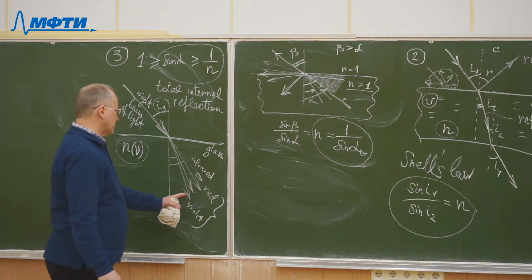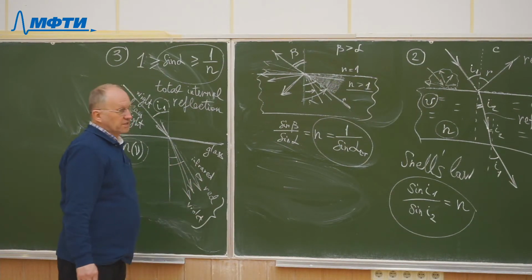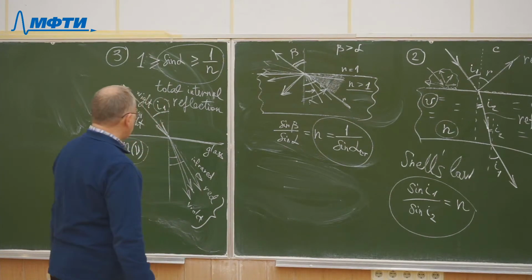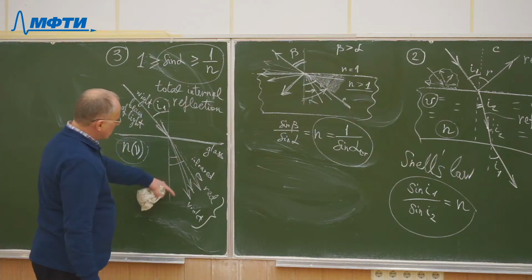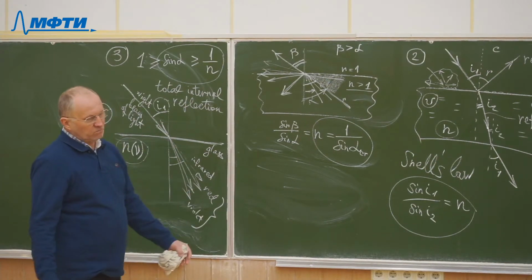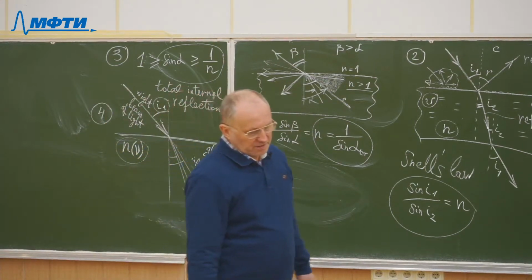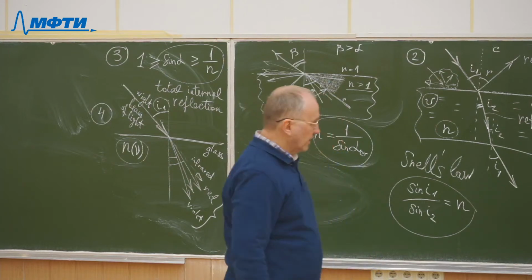Each color corresponds to different frequencies. Different frequencies correspond to different colors of light. So we have a dispersion of light. Light is dispersed into different colors, and this is the principle of work of a prism, which separates white light into colors.